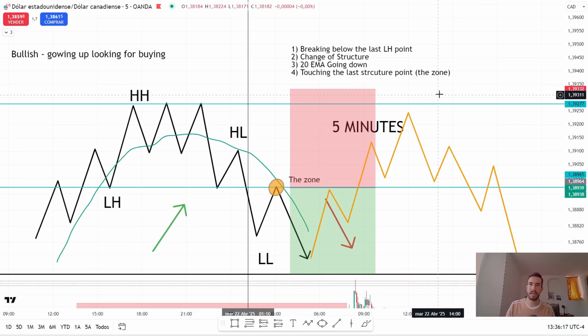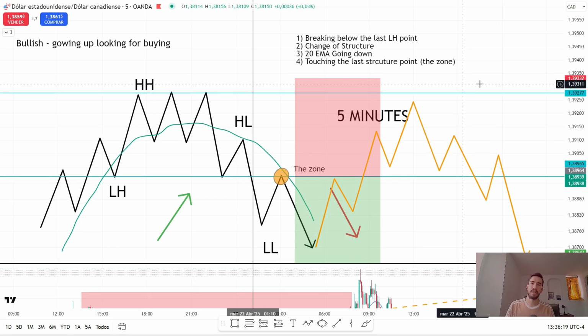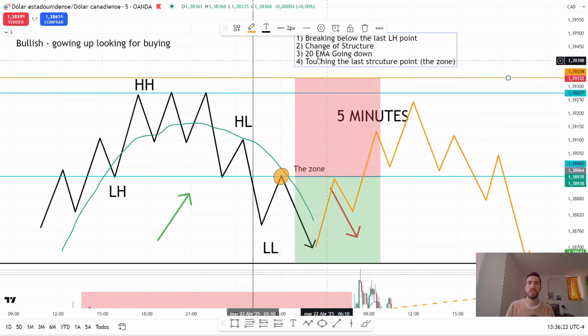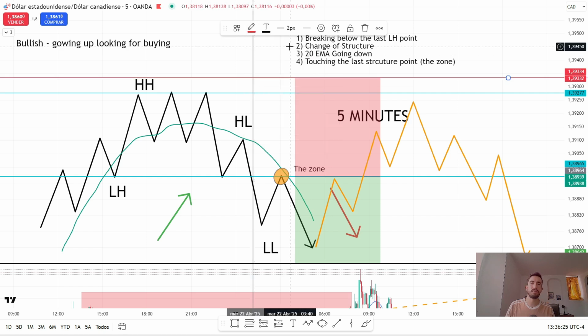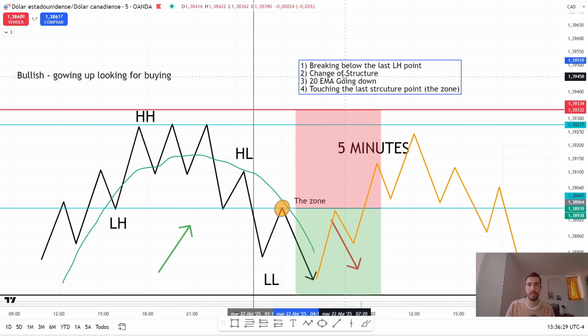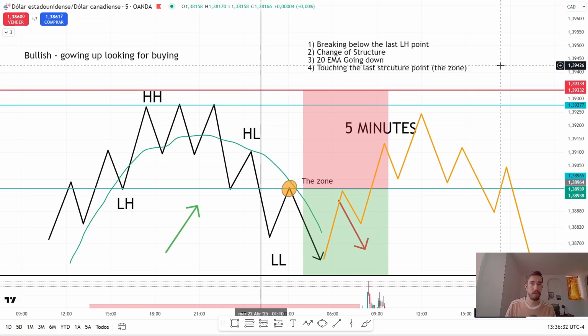Because you want to make sure that if the market hits your stop loss, it's because you were completely wrong, which can happen. I told you, you can have all these confirmations and still lose money, but what you are doing is putting the odds in your favor, and that's what matters.